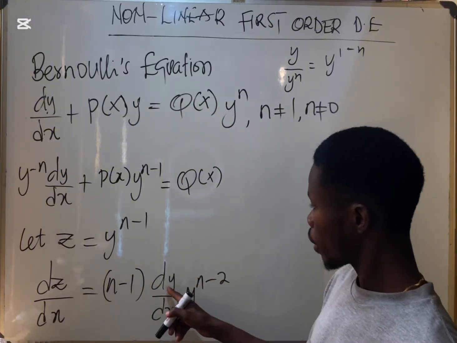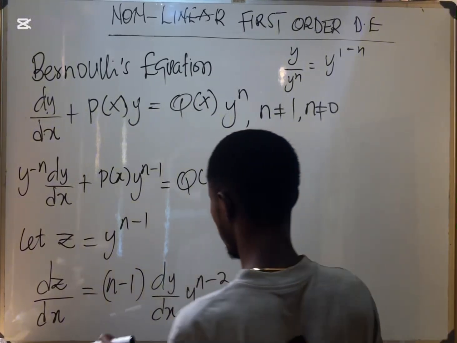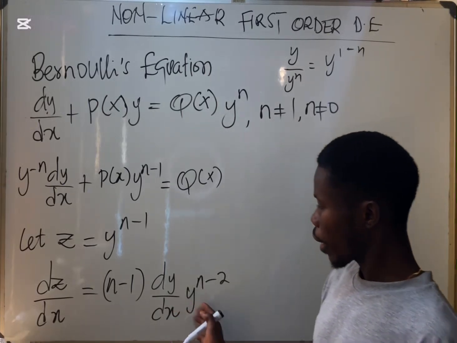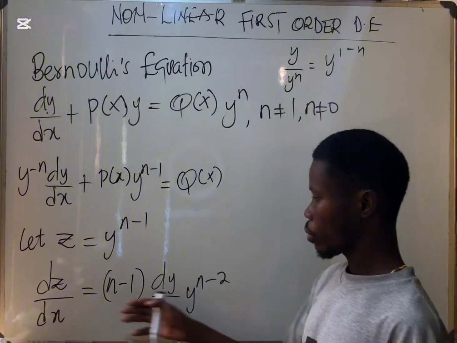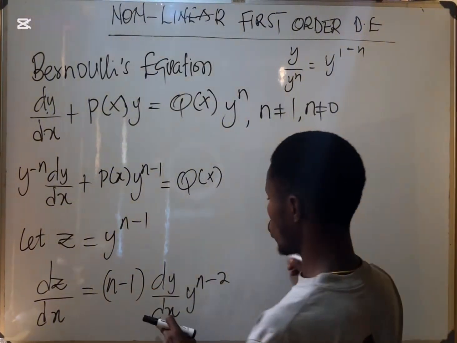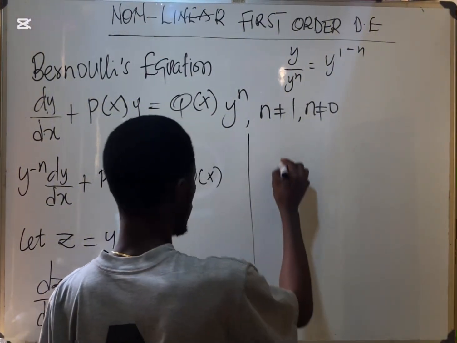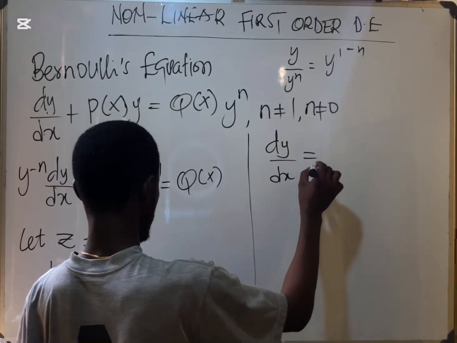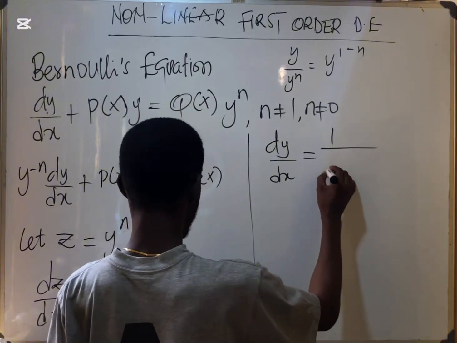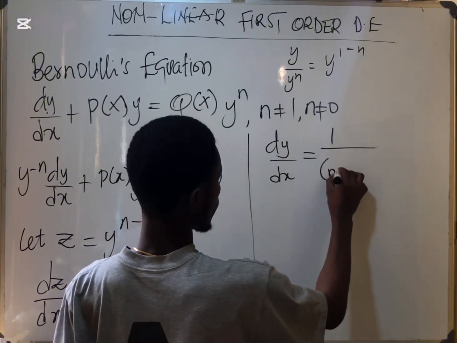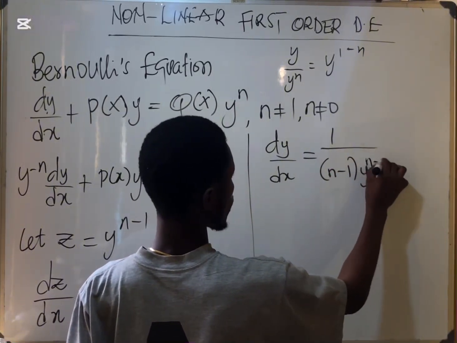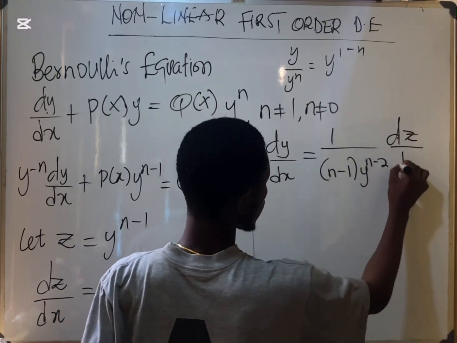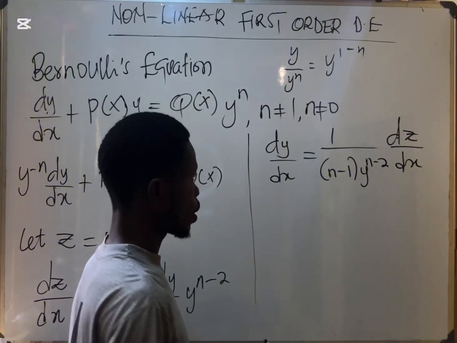When you finish, you try to make dy/dx the subject. If I want to make dy/dx the subject, I will divide by whatever is here so that dy/dx can stand alone. So it means that I'm going to have dy/dx equals 1 over (1 minus n) y to the power negative n, times dz/dx. So this is what we are going to have. Is that okay?